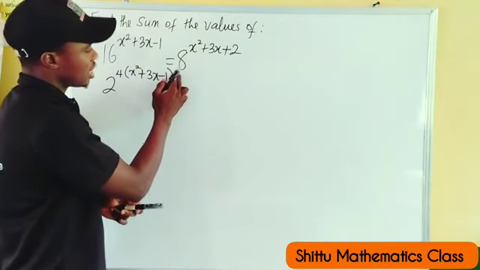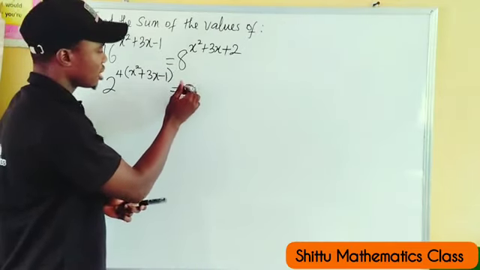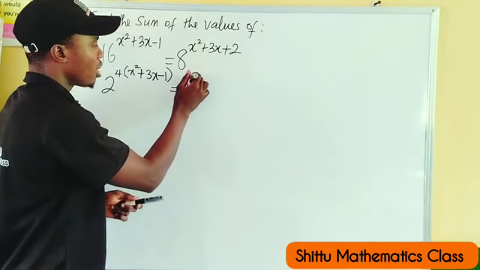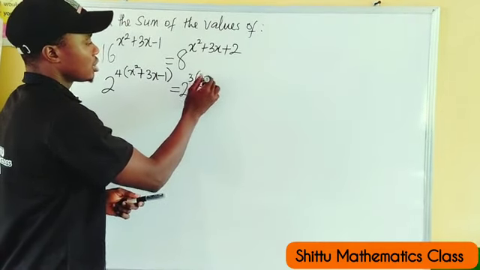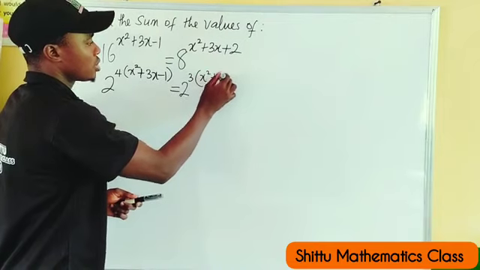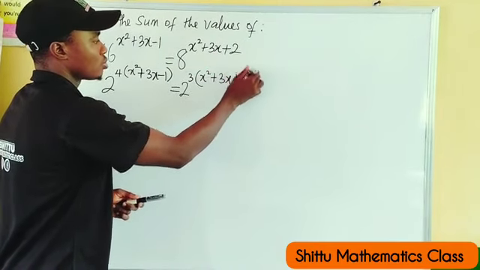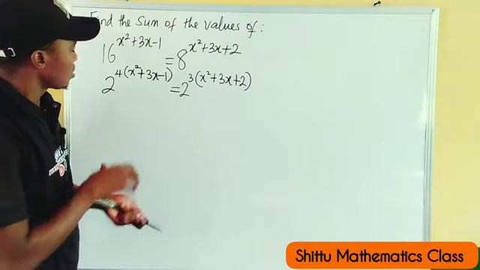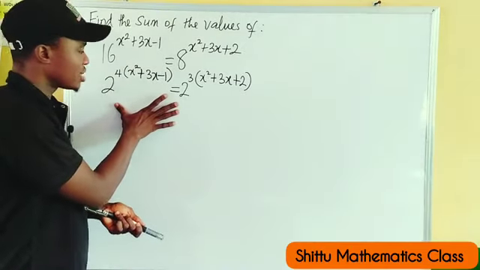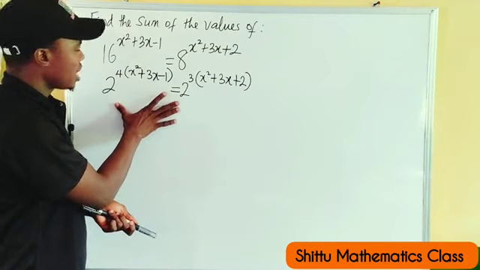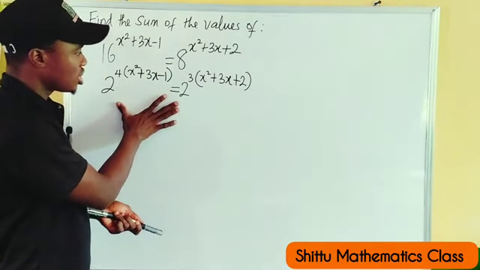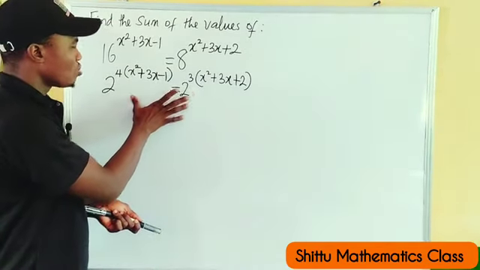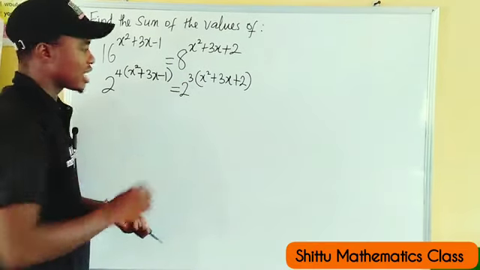This 8 can also be written as 2 to the power 3, then x squared plus 3x plus 2. Are we there? From here, what's the next thing to do? We can see that we have the bases the same. Whenever you have this kind of situation, we bring down the powers and equate them.